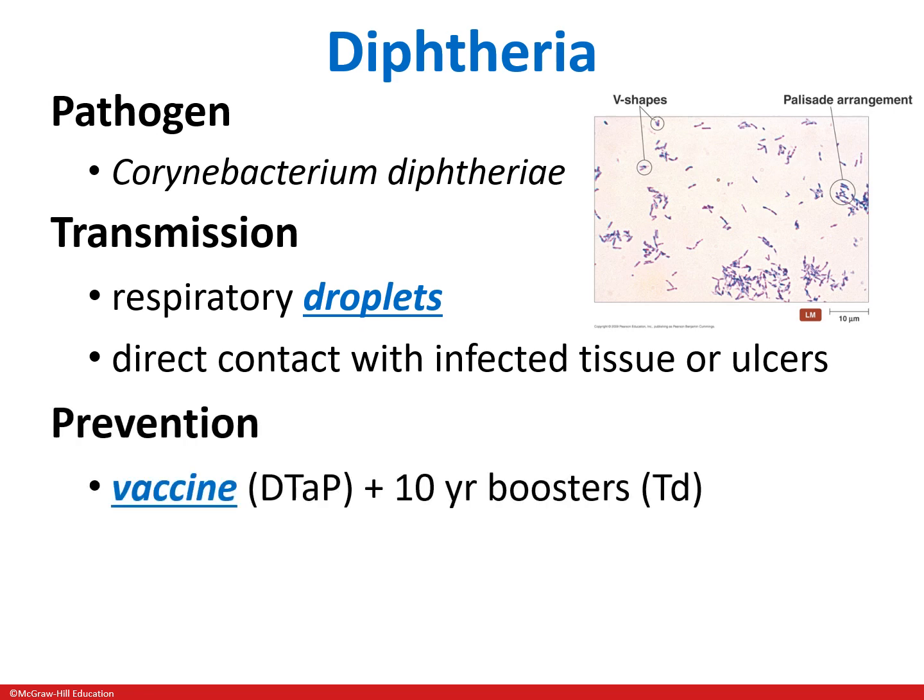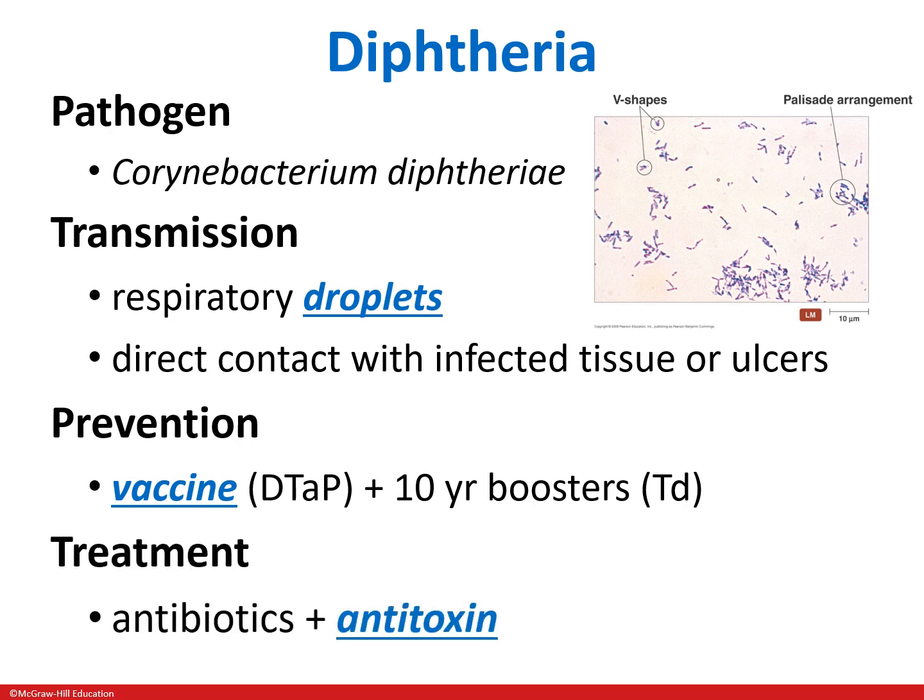Also vaccine preventable through the DTaP. This is the D in DTaP. And also there's a 10-year booster typical of diphtheria. And so this is when we give the tetanus booster, that's the D in the tetanus booster, because they both require about a similar booster cycle.